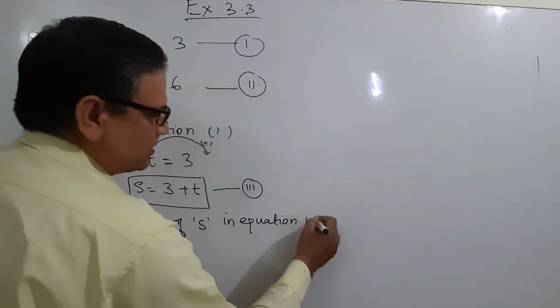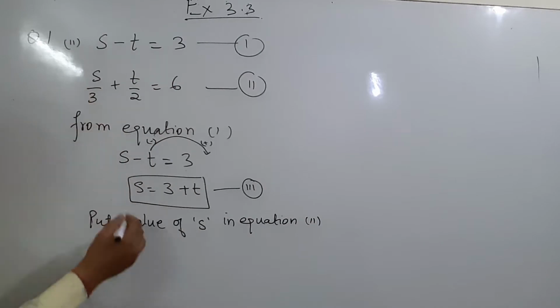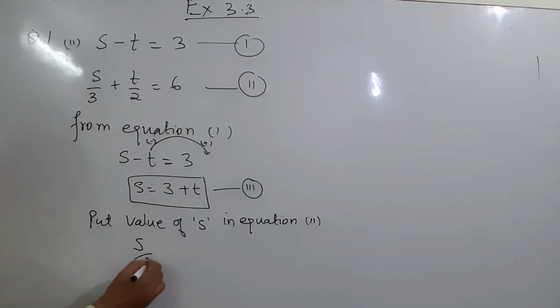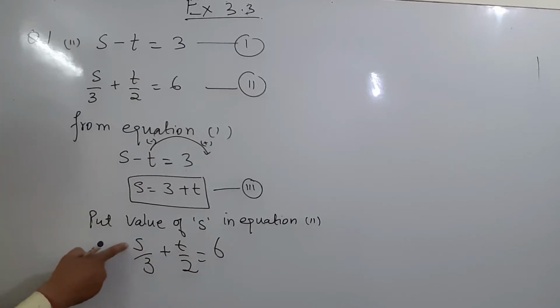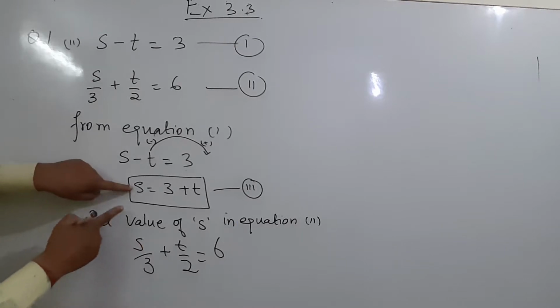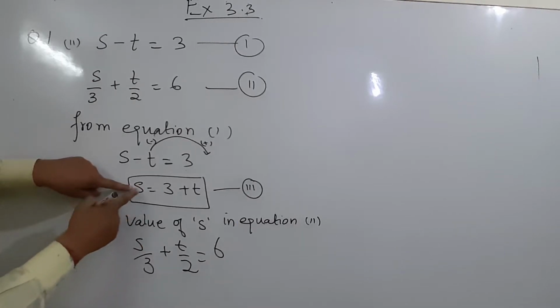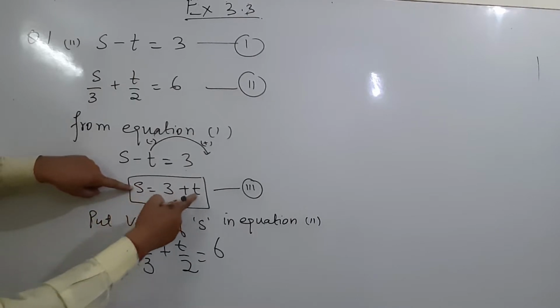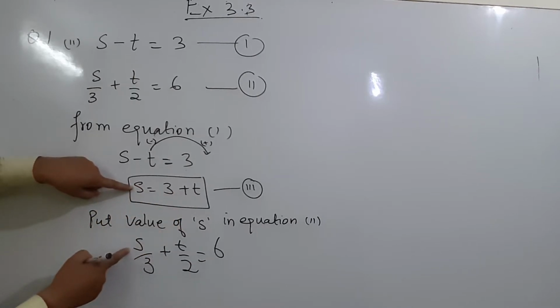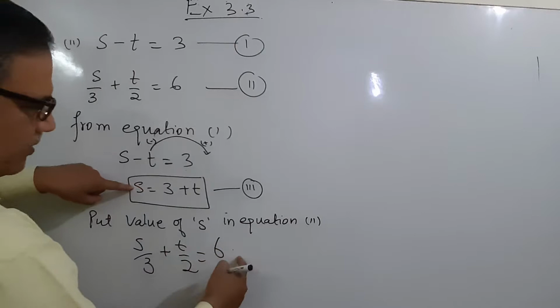What is the second equation? s upon 3 plus t upon 2 is equal to 6. Here we have to put the value of s from the third equation, s is equal to 3 plus t. We have to put it in the second equation.